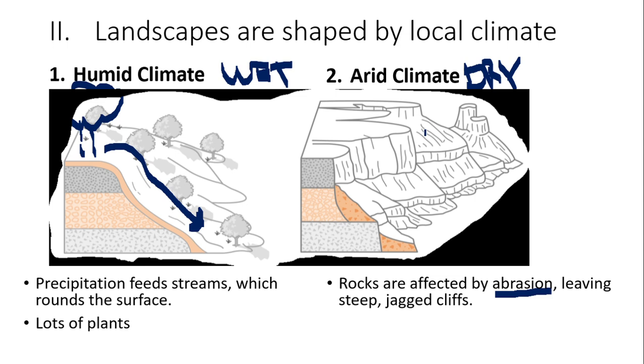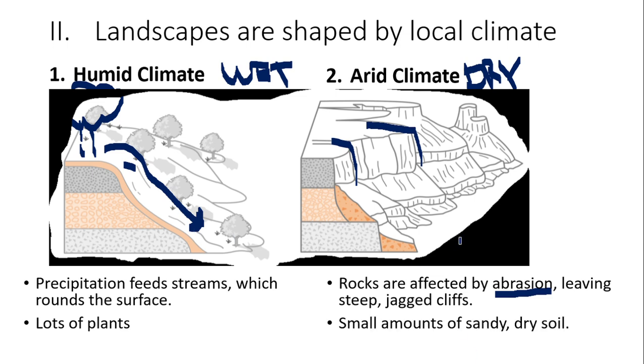The wind is going to blow the sand around, and sand is going to rub up against these other rock faces over here and abrade or slowly break off the rock pieces, leaving very steep cliffs, right, and even jagged, meaning that you're going to have almost squared off edges, unlike if you look over here where it's rounded and works its way down.